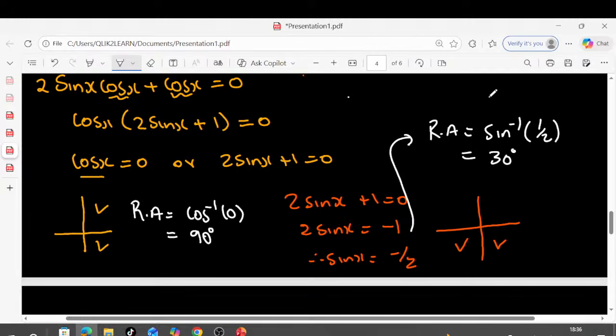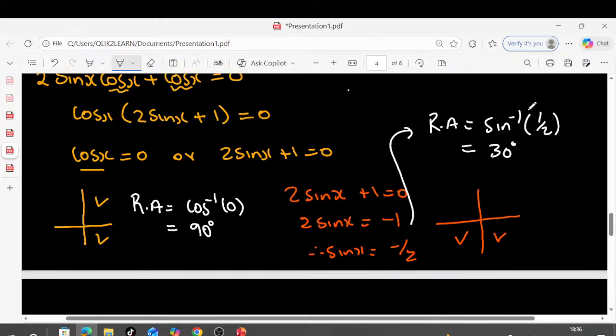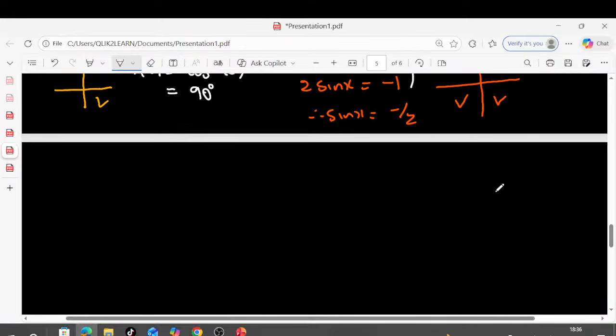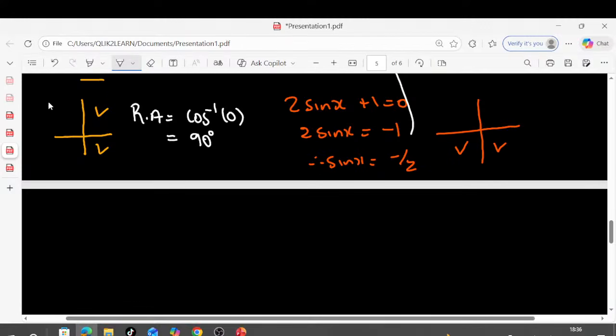Okay, it's fine. So now I have my reference angle. I'm just going to rewrite and say that x equals, remember we start with this one where x is in quadrant 1.